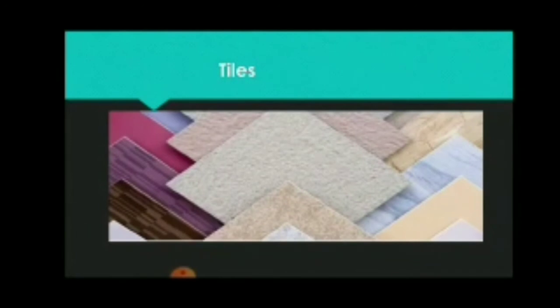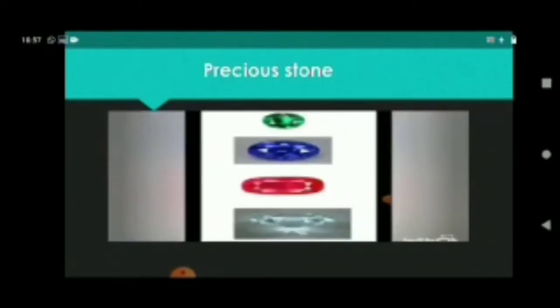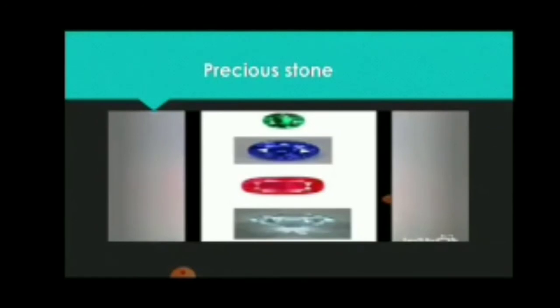Then we see precious stones. Four types of stones we can see over here: diamond, ruby, emerald and sapphire.